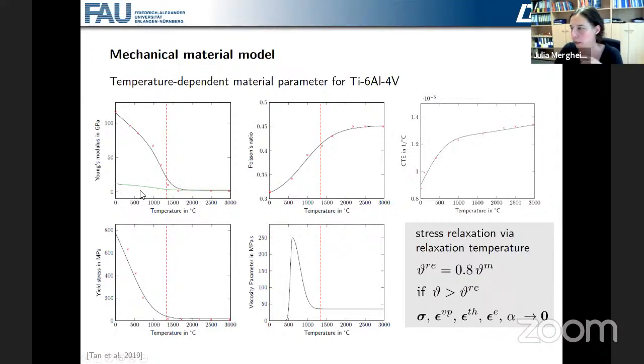But, well, I didn't show the results in detail, but we did some tests on that. Because it is also one idea, which is done in literature, to omit the powder in the mechanical simulation, so to just leave out the powder completely. And actually, we found quite large differences, depending on how the powder is modeled.